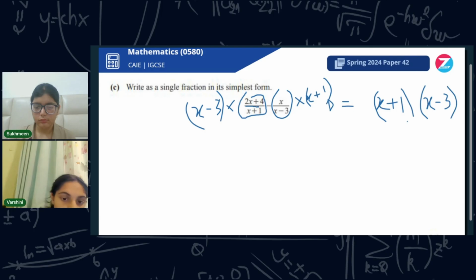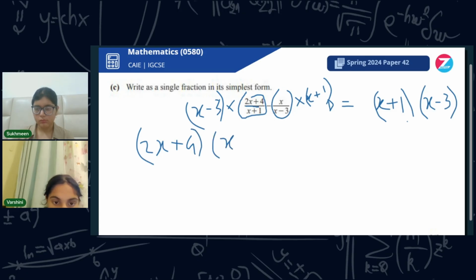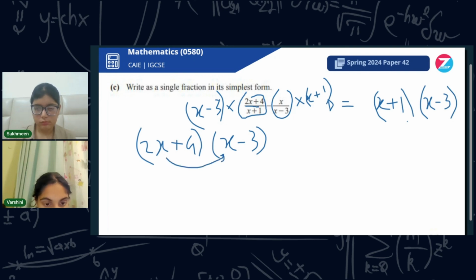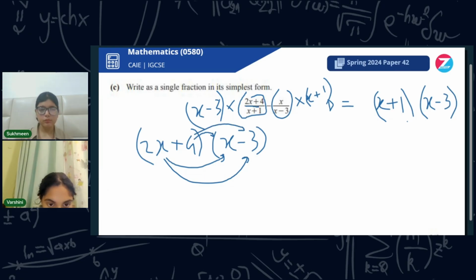So we're going to have to do 2x plus 4 into x minus 3. So we know for this, we're going to have to multiply both 2x into x and 2x into minus 3, and 4 into x, and 4 into minus 3.